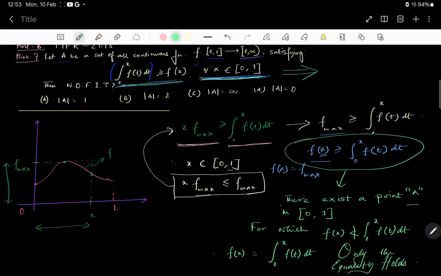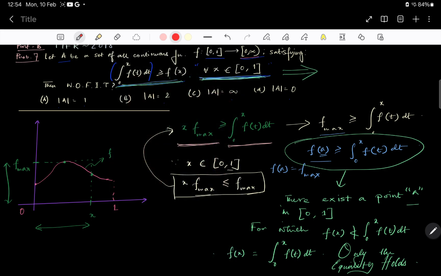In the statement of the question, we had two options: one, the inequality, and the other, the equality. Both can hold. But by all these arguments we have had so far, we come to the conclusion that this inequality will not hold.